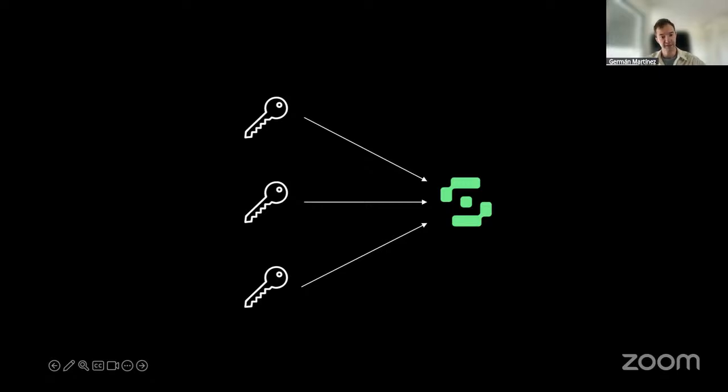People usually have a couple of them and then set a threshold, let's say 2 out of 3, meaning that at least 2 of the private keys need to sign every transaction that is executed in order to make it executable. So you don't need to sign with all of them, but one of them would not be enough.